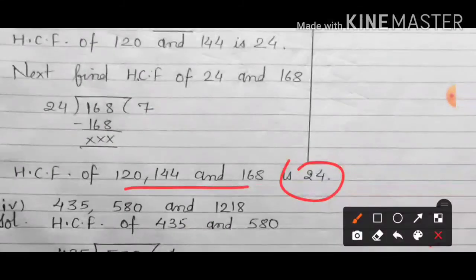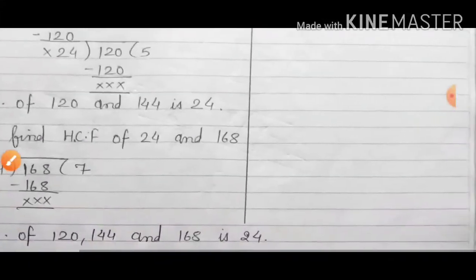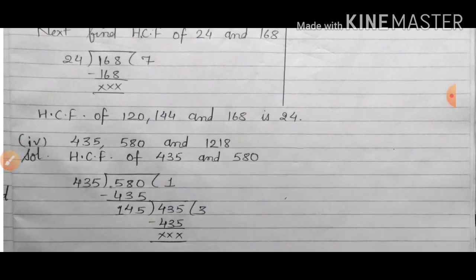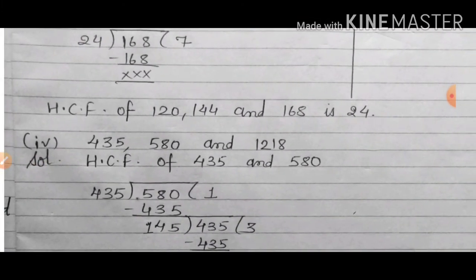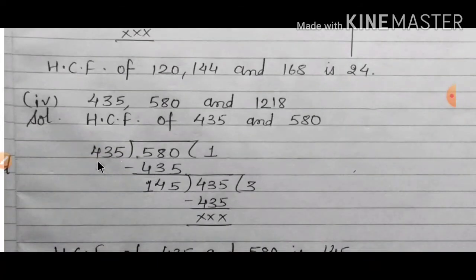Then question number 3. See the next question, 435, 580 and 1218. First we'll find the HCF of 435 and 580. Again we'll divide greater number by smaller number. So 435 ones are 435. Now minus this: 10 minus 5, 5, 7 minus 3, 4 and 5 minus 4, 1.